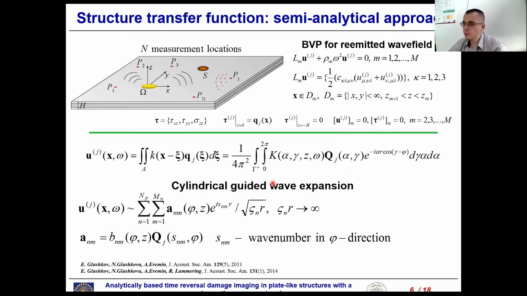And after some manipulations, some asymptotic expansions using residue theory, we can finally obtain an expansion of this integral as a guided wave expansion, which allows on one side relatively fast computations for evaluating the re-emitted field, while on the other hand it allows manipulating certain normal modes, certain Lamb waves or quasi-Lamb waves if we are talking about laminate composite structures.